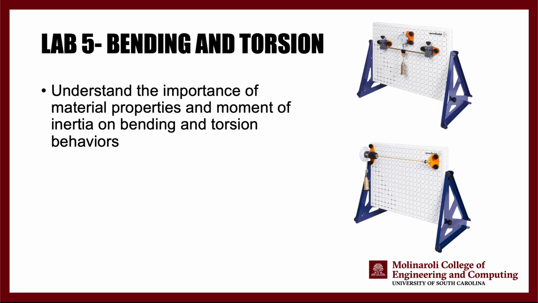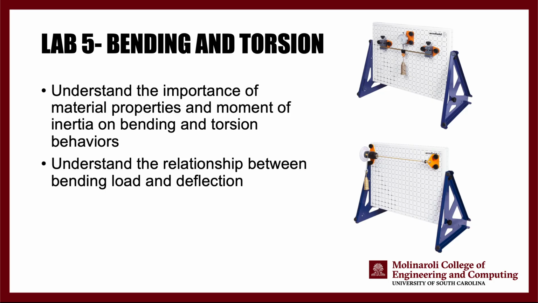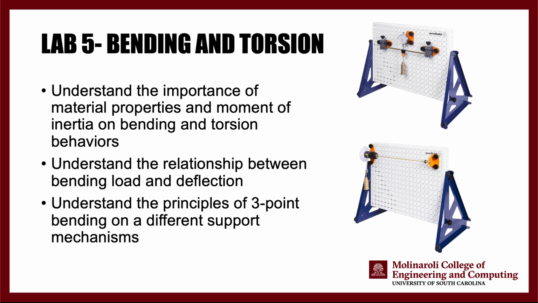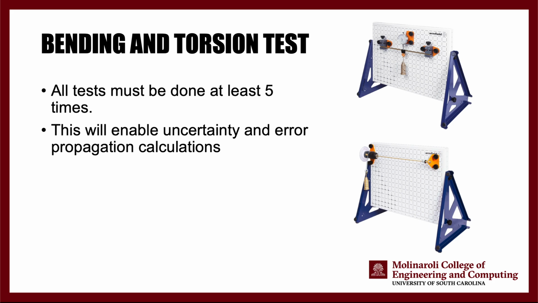The idea is that we are going to understand the importance of material properties, modulus of elasticity and rigidity, and the moment of inertia in maximum deflection and the maximum angle of twist. All of these tests must be done at least 5 times.